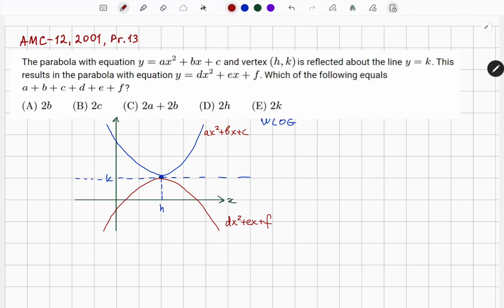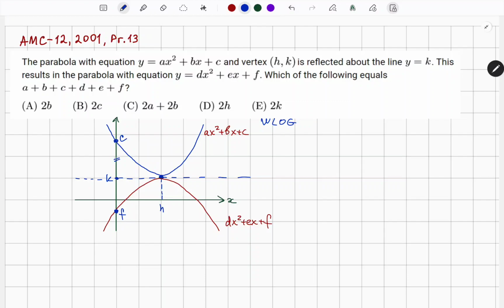So now, based on my knowledge of parabolas, I can compare them. First of all, let's take a look at the y-intercepts. The y-intercept of the original parabola is, of course, c, because if you put x equals 0, the value of y is c. In the second parabola, if you put x equals 0, it's f. The y-intercept is f. And due to the symmetry of the two parabolas, k must be the exact midpoint between c and f.